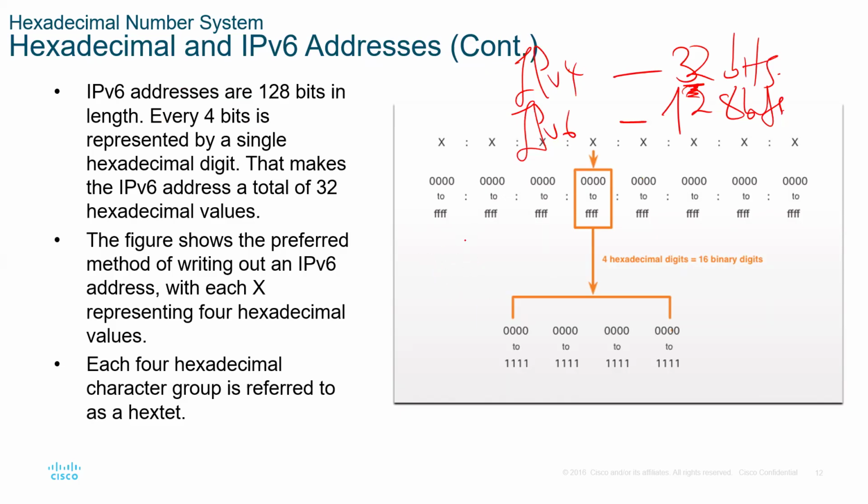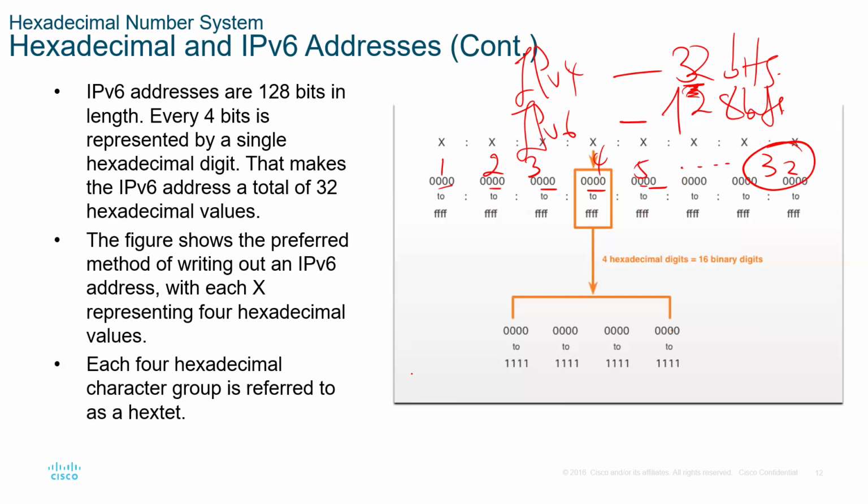So we have 32 groups of 4 bits, 4 bits, 4 bits, 4 bits in binary. So we have 32 of these, this being 1, this being 2, 3, 4, 5, up until we get to 32. That completes the IPv6 address.